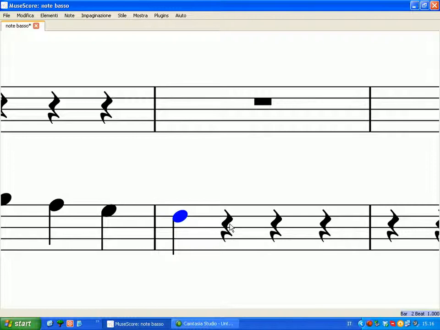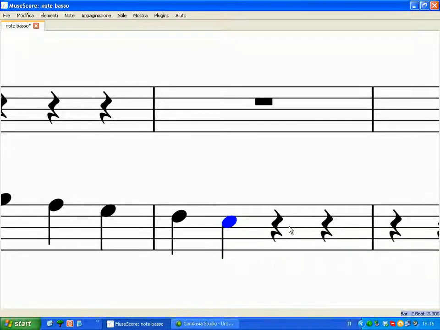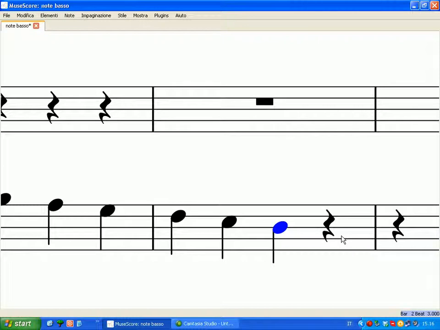Then the E will be on the third space this way. Then the D, which is on the third line. Then here we arrive to the next C, the C of the following lower octave, than the middle C, of course. So here we find it. We write it in the second space.